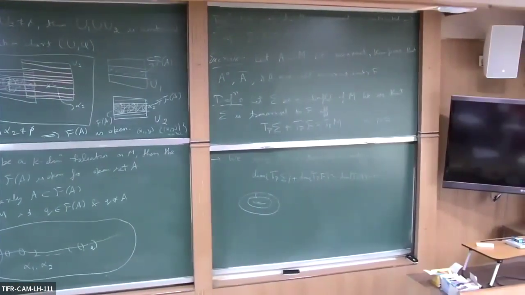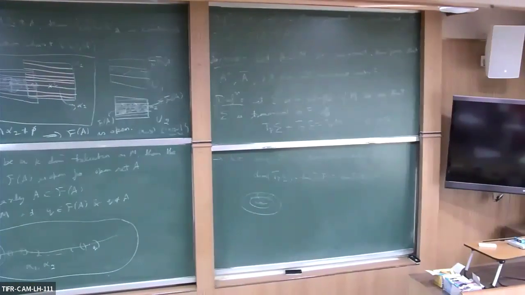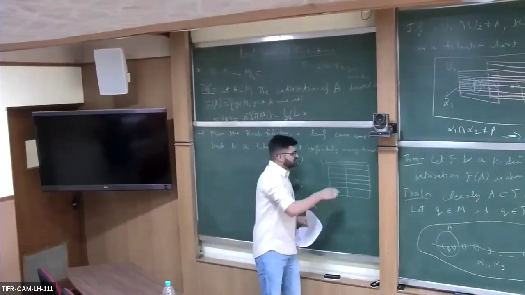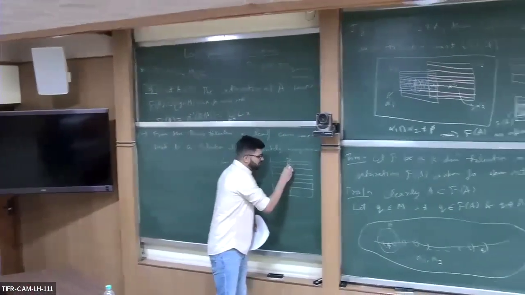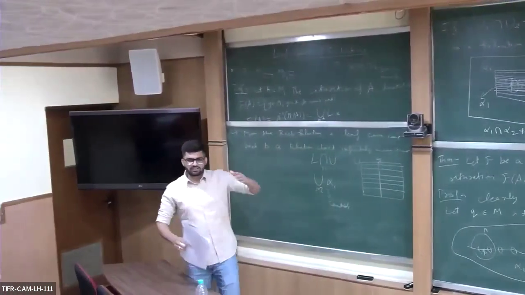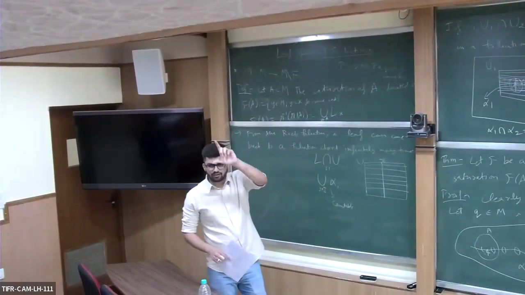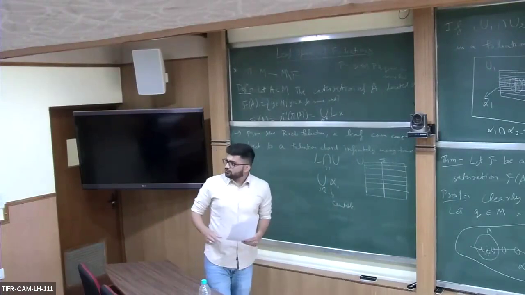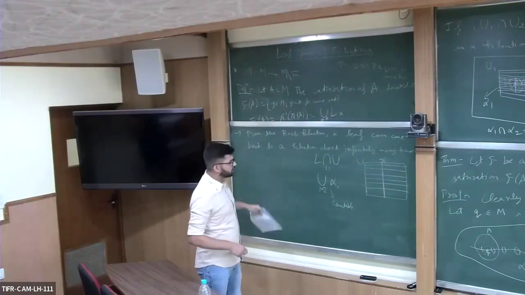I'll rewrite this in terms of transversals. So here is my transversal, sigma. The intersection of these leaves with this transversal, whether this is discrete or countable, will remain uniform all over the manifold. Let me just state the theorem and then I can finish regarding this.